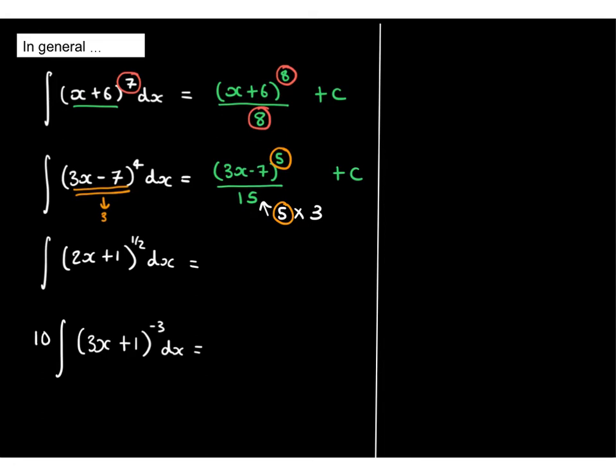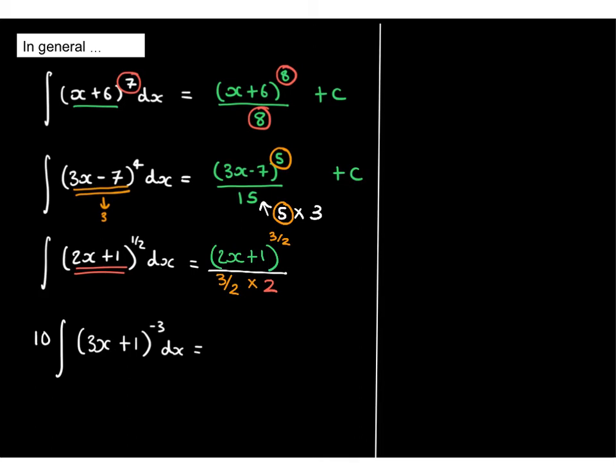Well, let's see. So 2x plus 1 to the power of a half. Well, let's try it. 2x plus 1. We'll raise the power by 1, so it becomes 3 over 2. And we'll divide by this new power of 3 over 2. But we're also going to divide by the derivative of the inner function, which is 2. And because we're dividing by the 3 over 2 and by the 2, we're dividing by the product of these things.